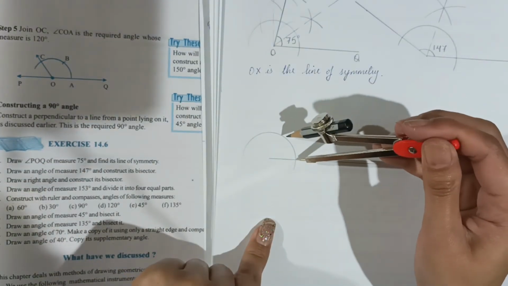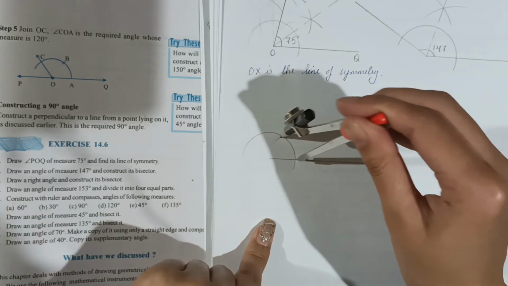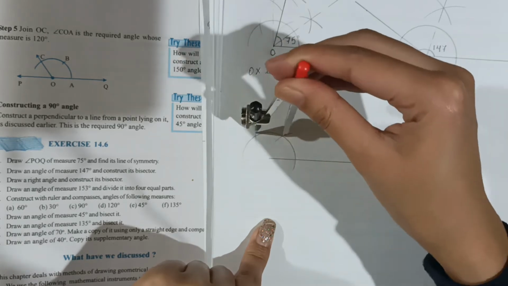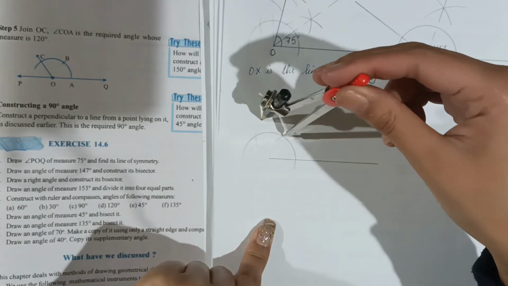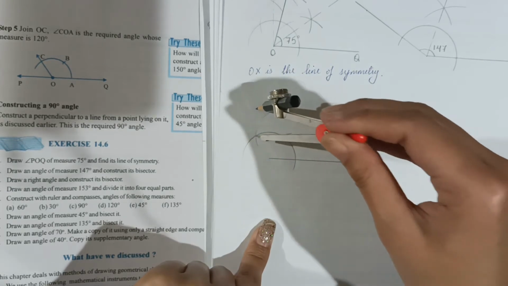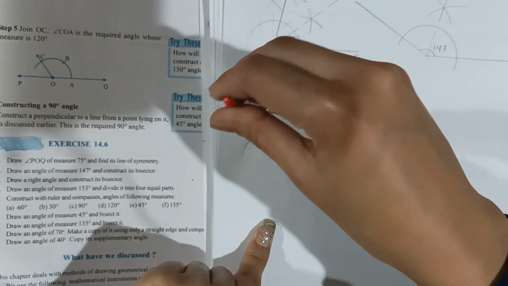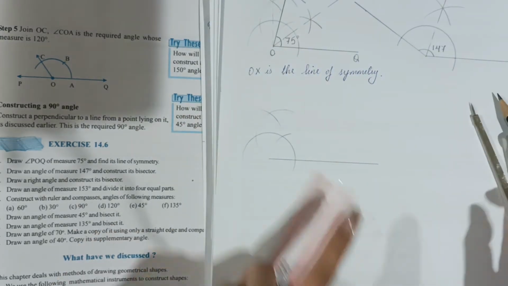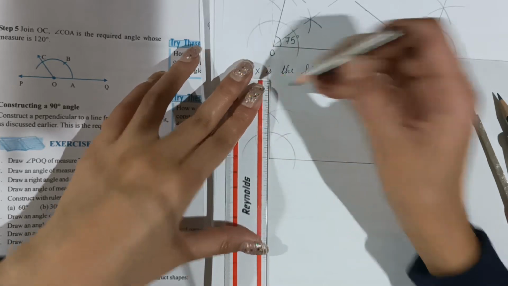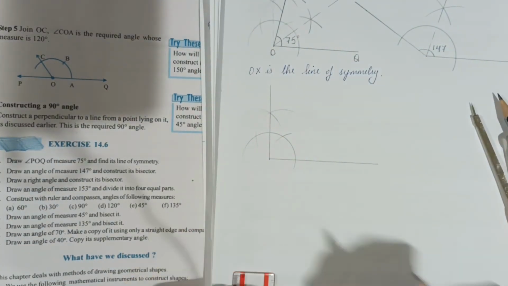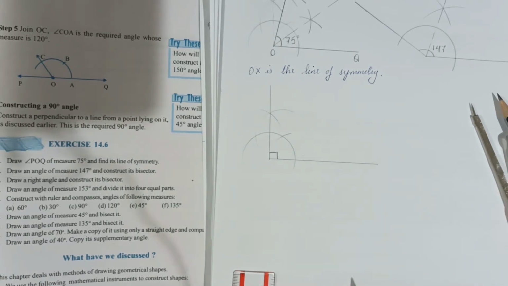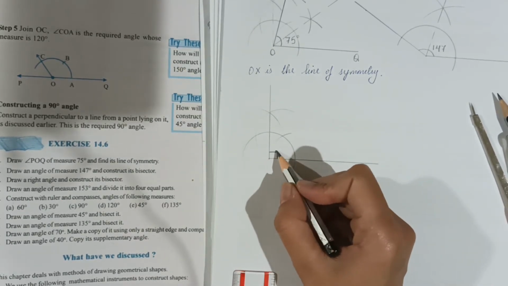Now from the line where it touches, you cut the arc, and again from there you cut the same arc, and upside you draw an arc, and from the other point where it cuts, you cut the same arc. And if you join, you get a 90-degree right angle. Right angle can be drawn like this, not the curved one, it should be straight.